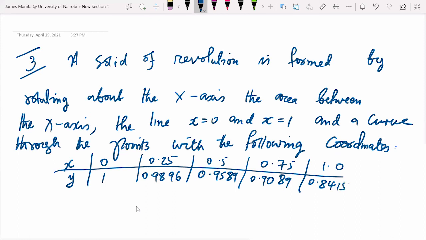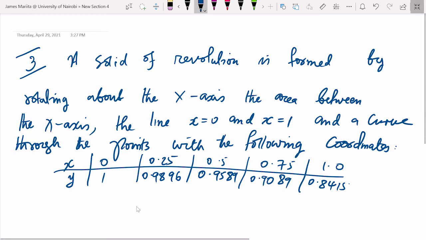A solid of revolution is formed by rotating about the x-axis the area between the axis, the lines x equals 0 and x equals 1, and a curve through the points with the following coordinates. So we have the x values and the y values.